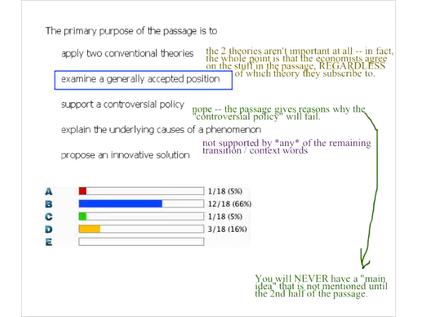As a quick summary of what's going on here: if you use this technique for the initial reading of the passage, you should write down your predicted main idea, even if you don't see a main idea question yet.